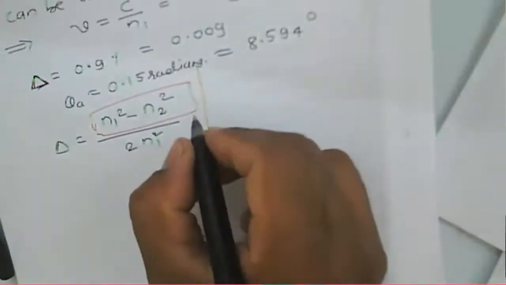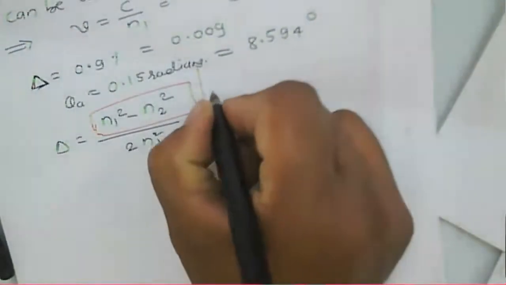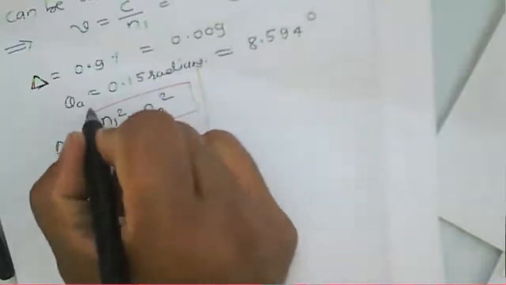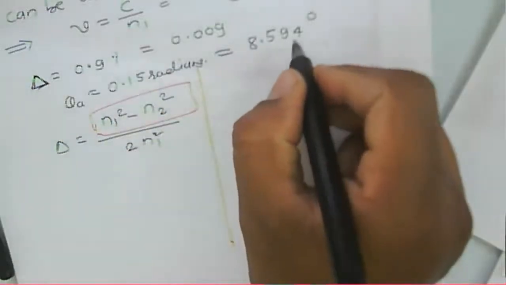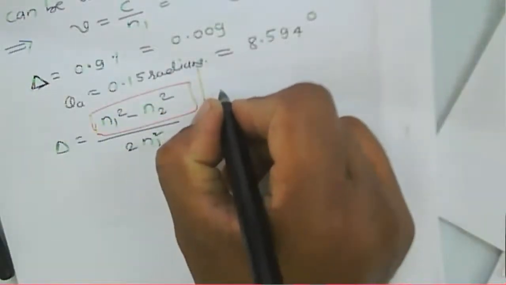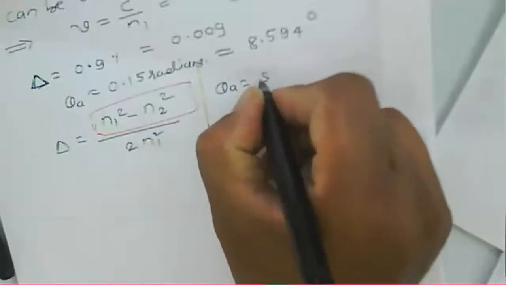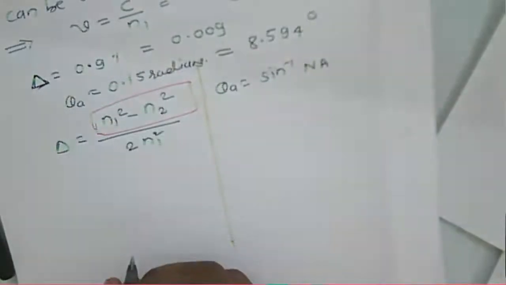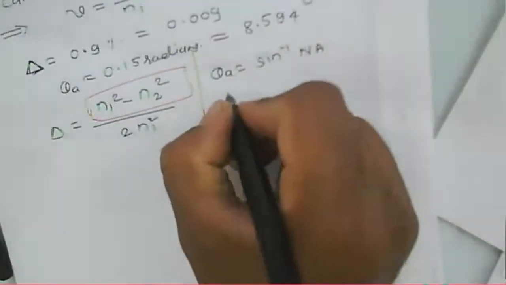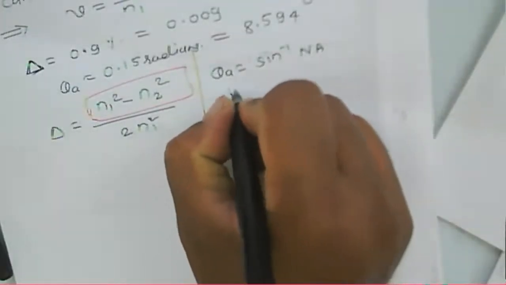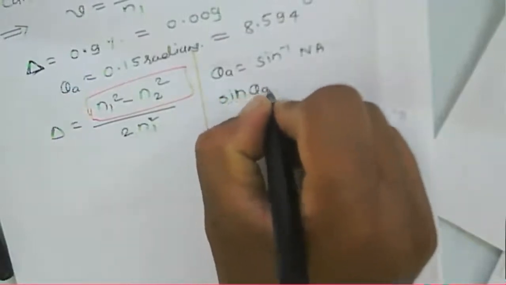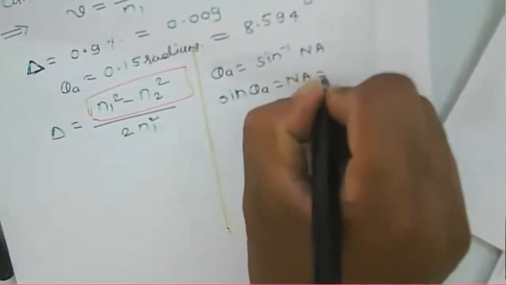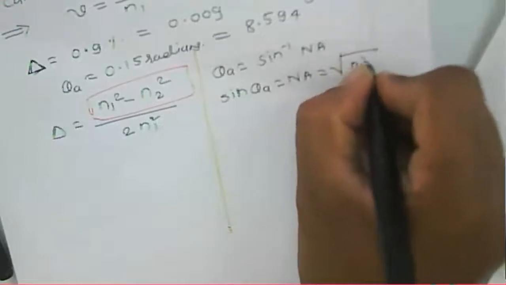Now another portion given is the acceptance angle, which is 8.59 degrees. So theta a is equal to what? Sine inverse of the numerical aperture. That means sine of theta a is equal to NA, which is equal to the square root of n1 square minus n2 square.